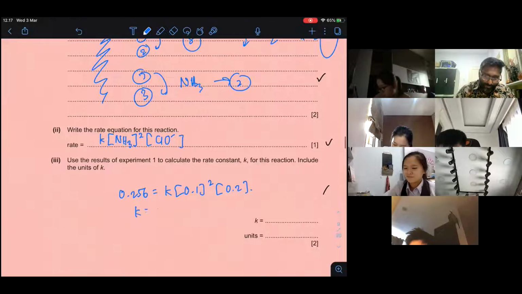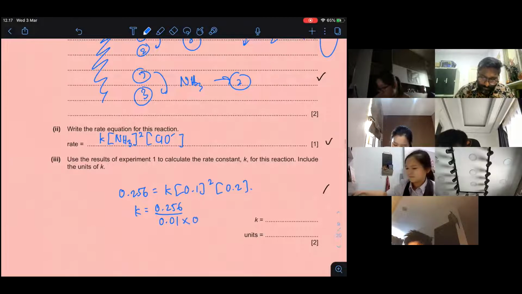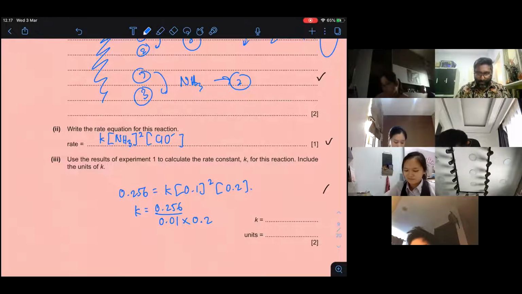So k is going to be 0.256 divided by 0.01 times 0.2, because 0.1 to the power of 2 is 0.01. I will get k as 128. Let me check the answer. This is going to be 128, and then the unit. This is correct.